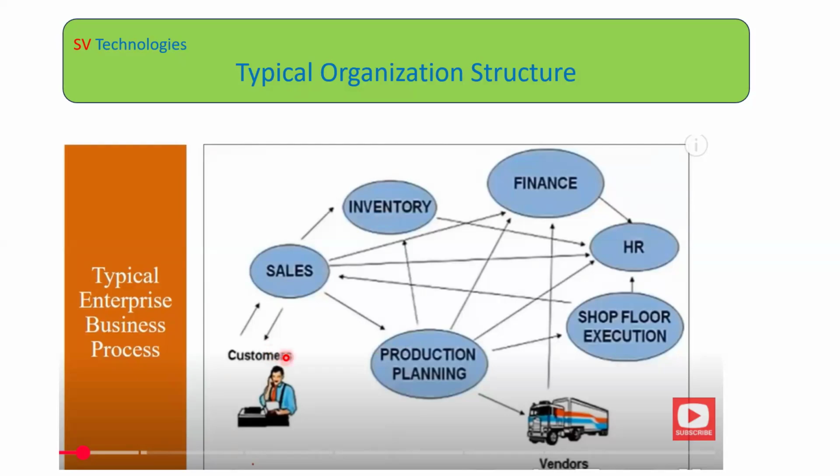Actually, I'll take a very simple example: some customer has placed an order for chicken biryani. Whenever the sales department receives this order, let us say the customer has ordered 100 biryanis.